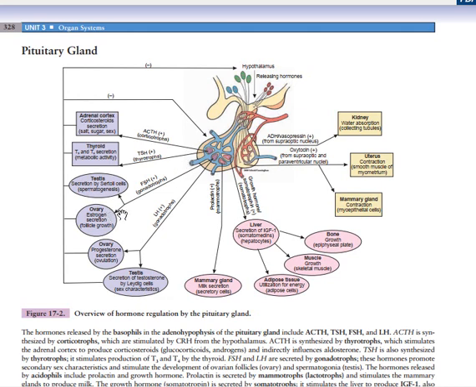And this is follicle stimulating hormone. Follicle stimulating hormone inside the male promotes spermatogenesis, and inside the female it promotes estrogen production.